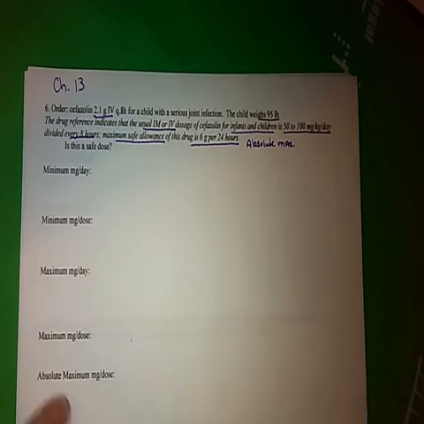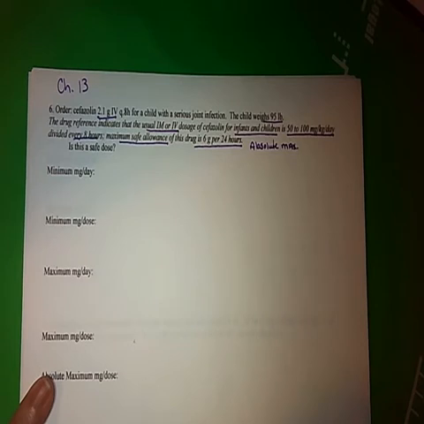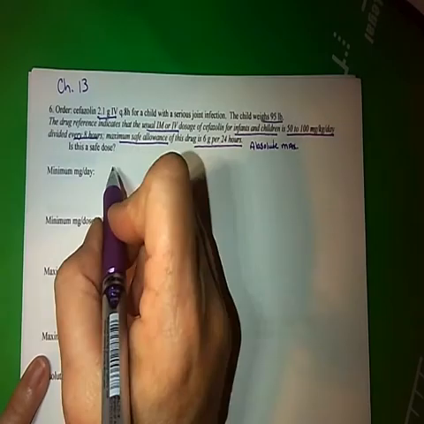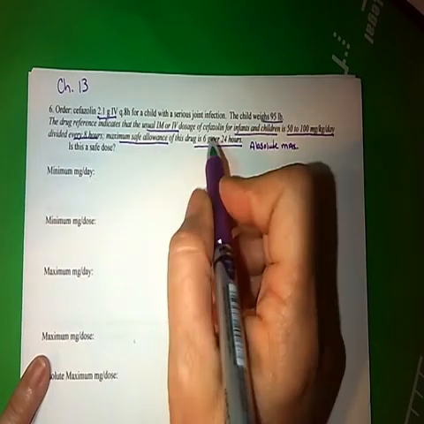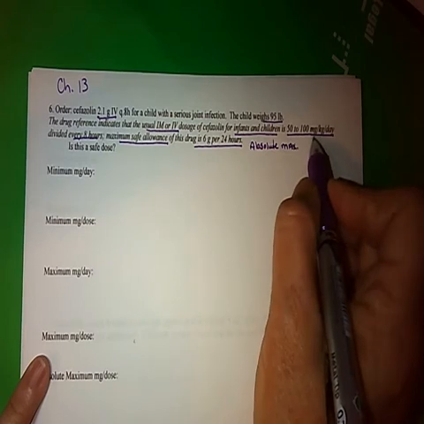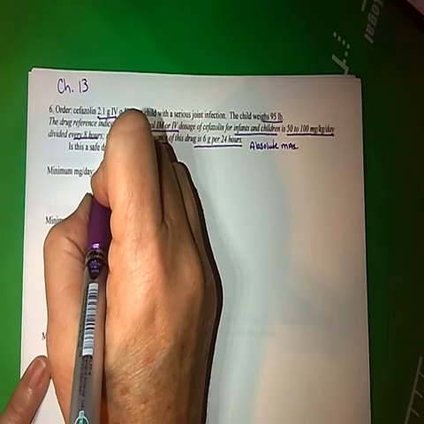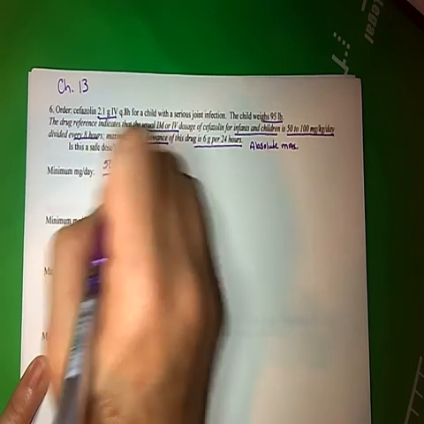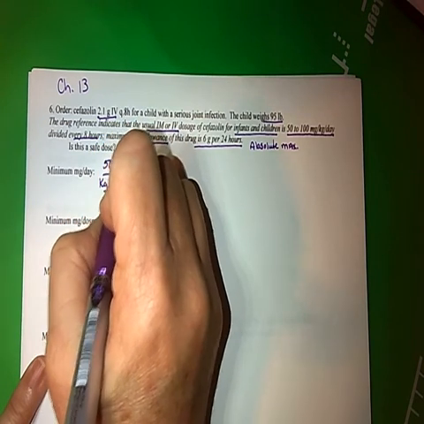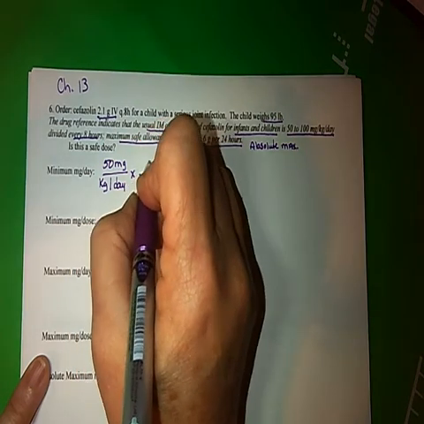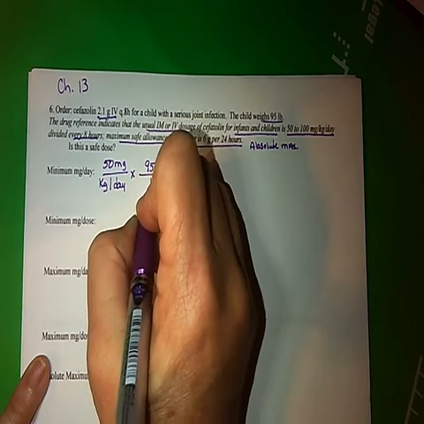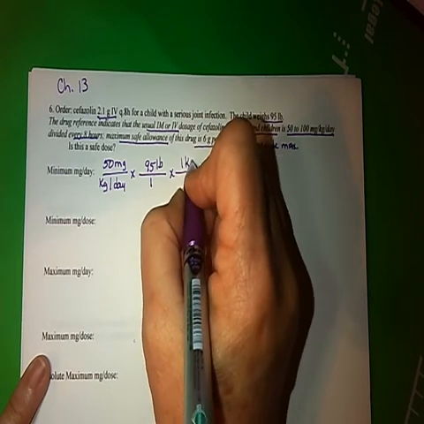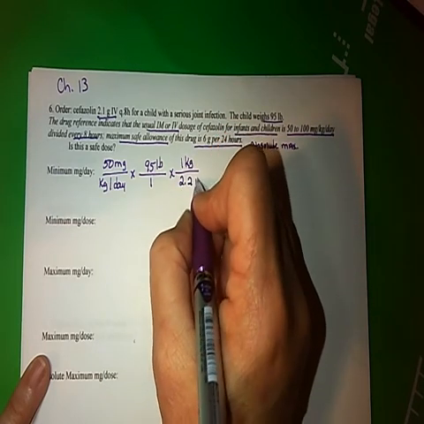So I've got this set up to where we can work it out step by step. If I want the minimum milligrams per day, I'm going to start out with, let's see, what was the range? 50 to 100 milligrams per kilogram per day. So 50 milligrams per kilogram per day times the child's weight, 95 pounds, over 1, times my conversion, 1 kilogram, 2.2 pounds.